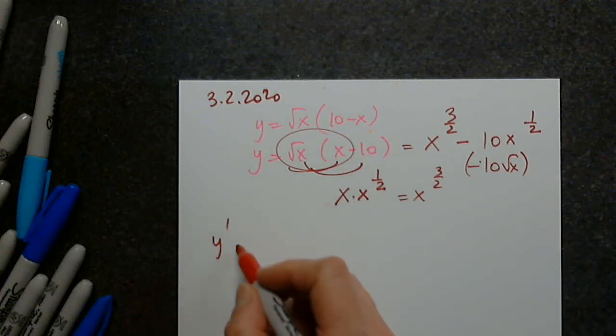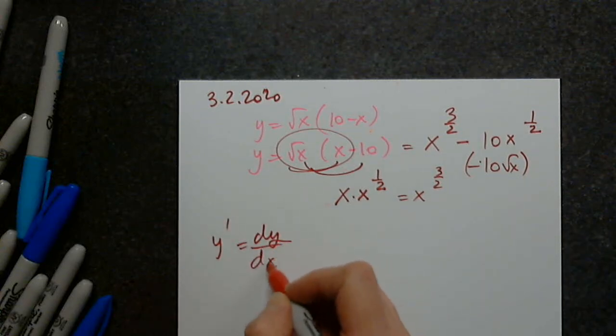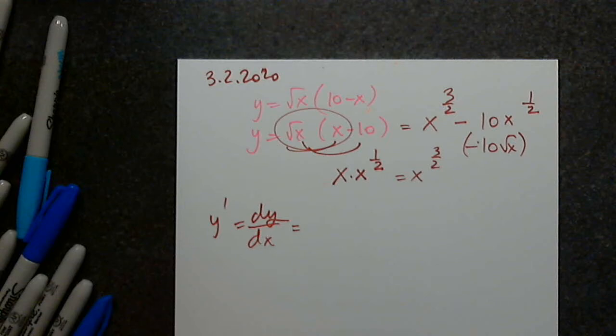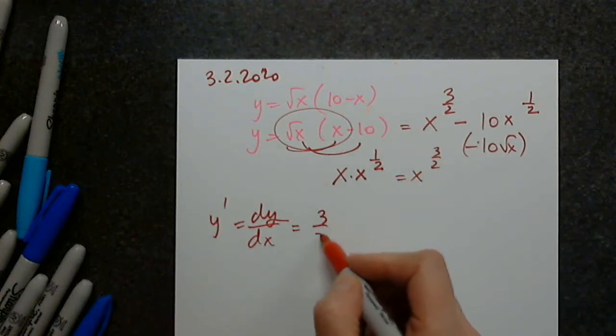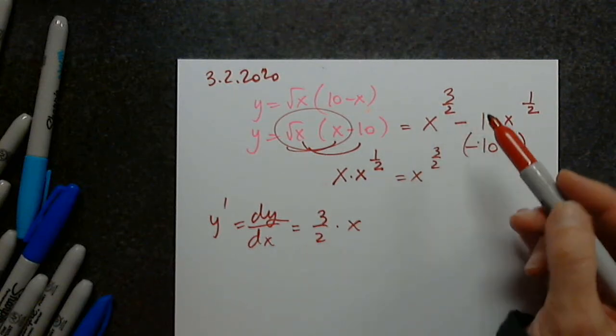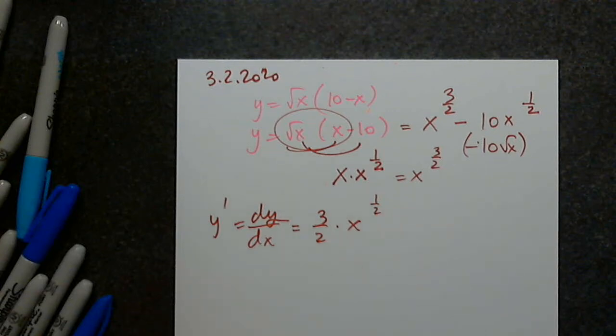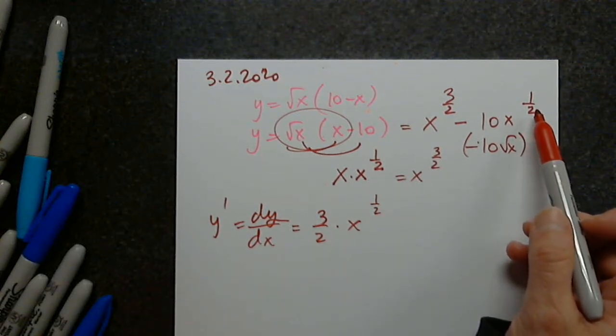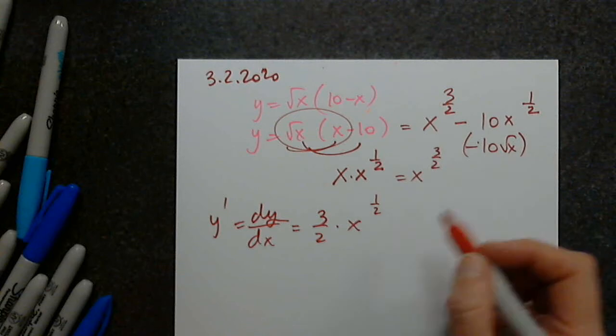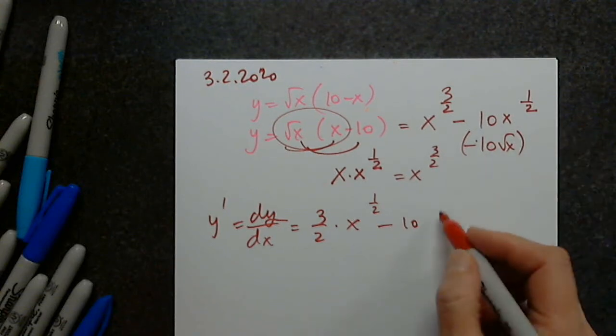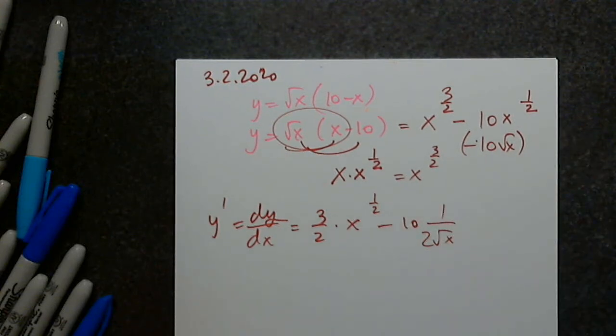So then y prime, or dy over dx, will be: bring down the power, subtract 1 from the power, right? Bring down the power, or just say negative 10, the square root of x prime is 1/2 the square root of x, and I'm done.